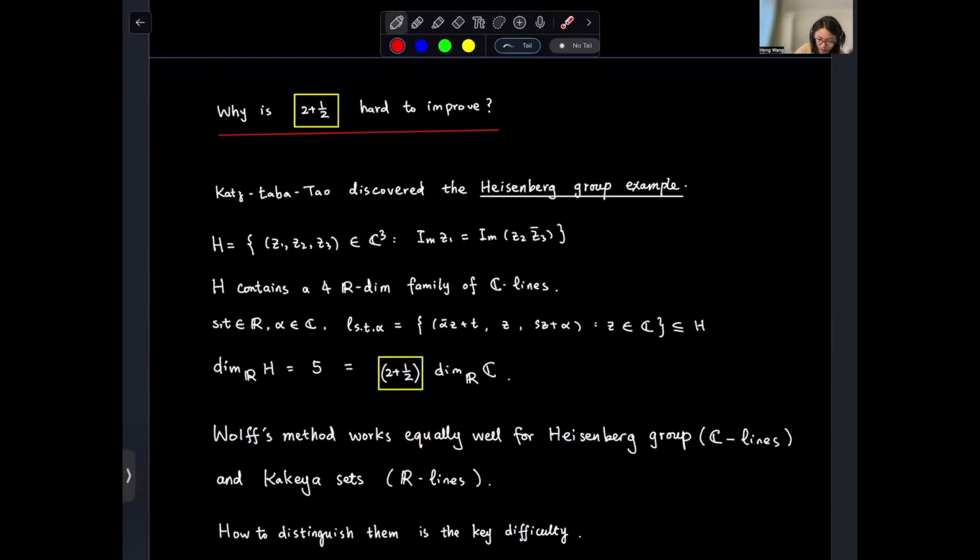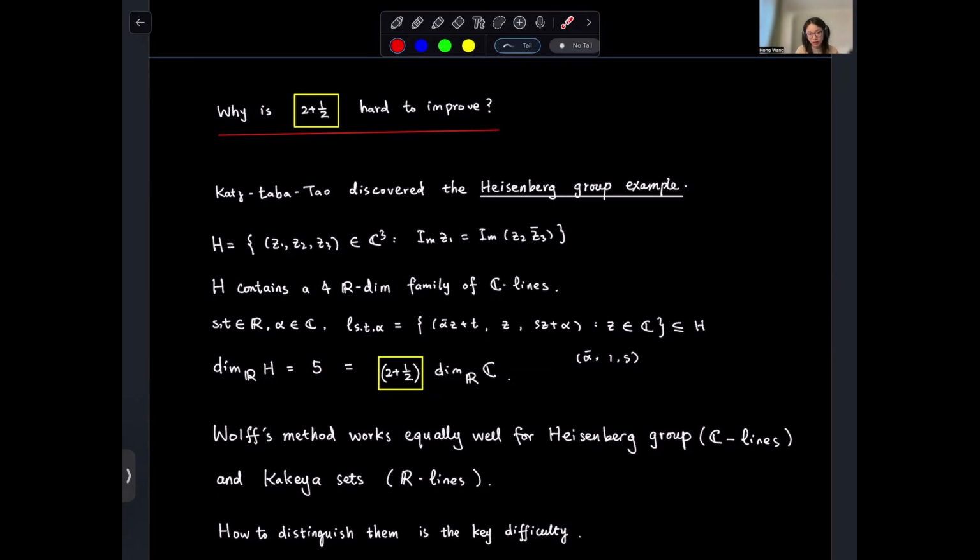At the beginning, you might think that the Heisenberg group does not really contain a complex line in every complex direction, because s is a real number, so it misses some directions. But it is very difficult to use the assumption that a Kakeya set contains a line in every direction.